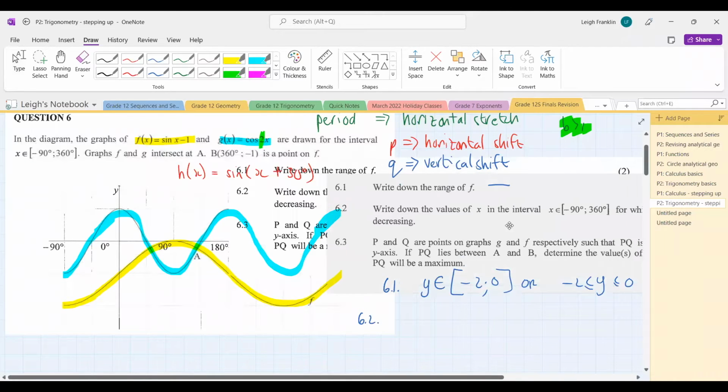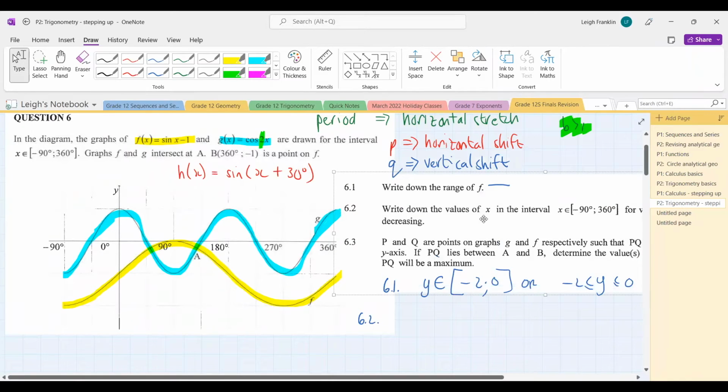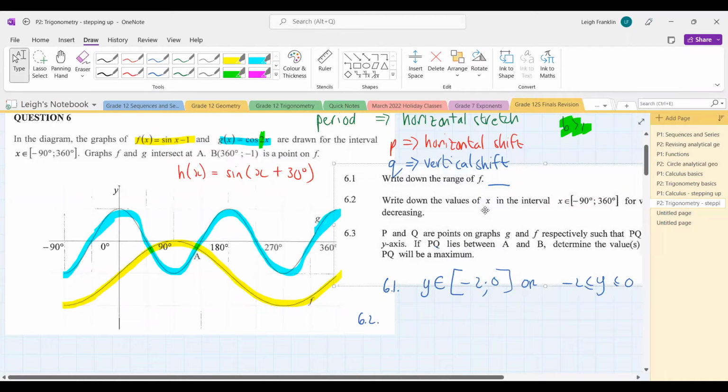So what does the word decreasing mean? Grade 12s? Specifically with regards to functions, what does the word decreasing mean? It has a very specific meaning.